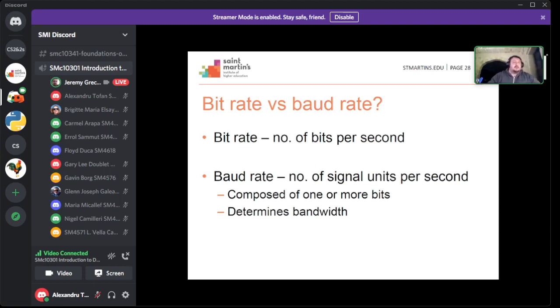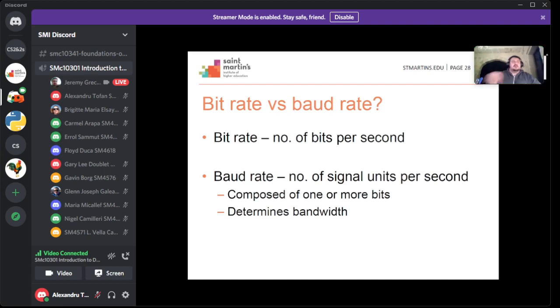Bit rate, as the term implies, is the number of bits that you can send or receive per second. However, sometimes it's more useful to talk about what is known as a baud rate. What is a baud rate? Essentially, the baud rate is the number of signal units that you can send and receive per second.